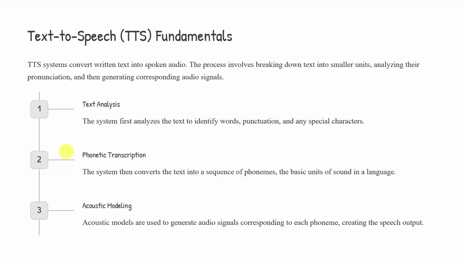And phonetic transcription. Under phonetic transcription, we convert the text into a sequence of phonemes, that means the basic units of sound in a language. When a word starts with some letters, how it is going to be pronounced is determined using the phonemes concept. Phonemes means phonetics, which we are already aware of. If I consider the letter E, in phonetics how are we going to pronounce it?